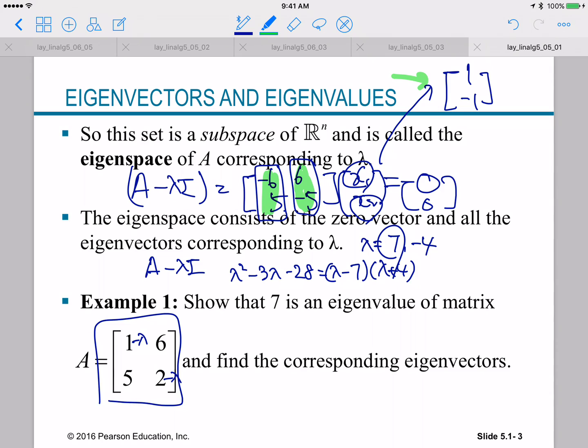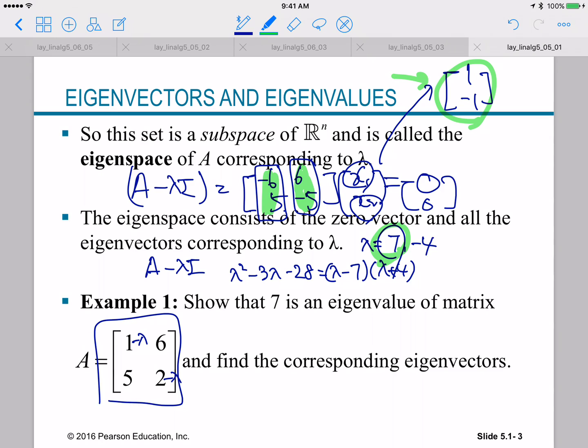And then this 1 comma minus 1 is your eigenvector. So you now successfully found an eigenvalue and eigenvector pair. Okay, this is how you find eigenvalue and eigenvector.